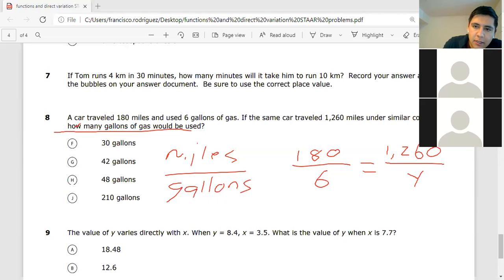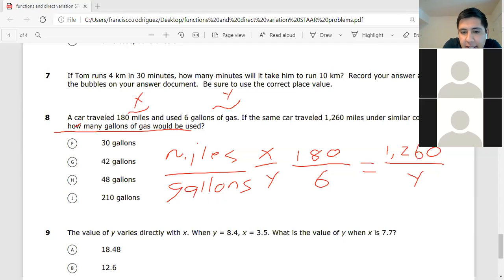But yes, and of course the reason why is because we're not sure how many gallons it takes us to get to 1,260 miles. So that's the thing that we're looking for, right? Brianna, are you understanding how we're setting up this equation? A little bit? It's the same thing as saying X over Y. If we assigned miles as X and gallons as Y, then it's the same thing as saying X over Y, right?